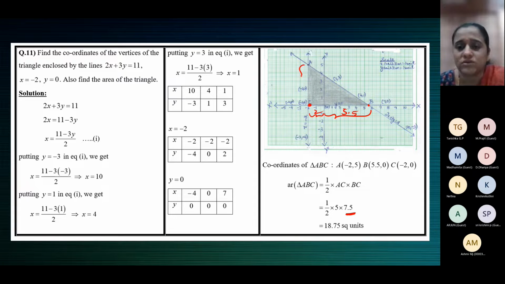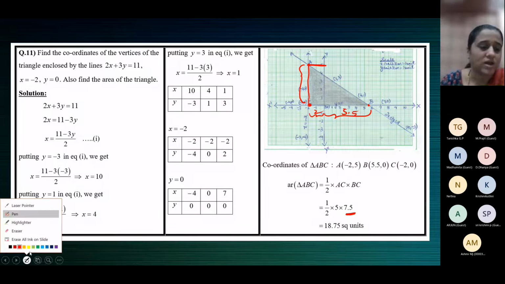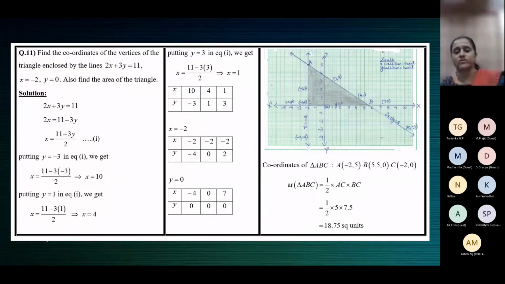And how much is it from here to here? You can see it's 5 units. So half base into height will give you the area of the triangle. Is it fine, children? Yes, ma'am.